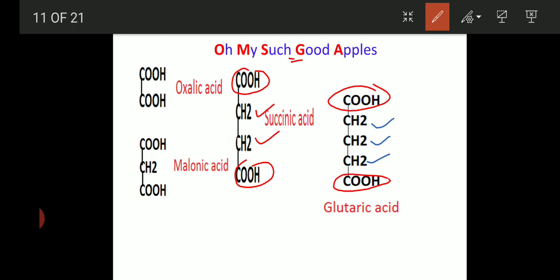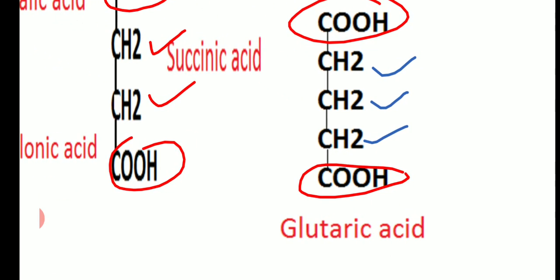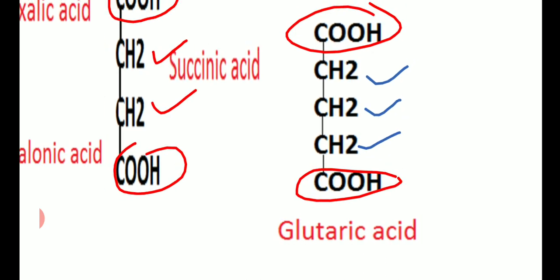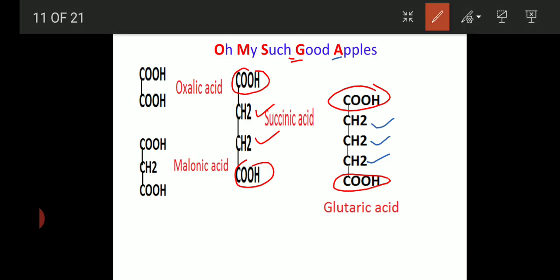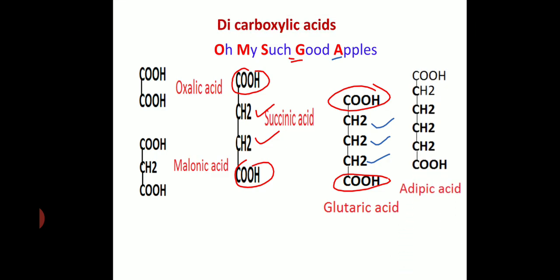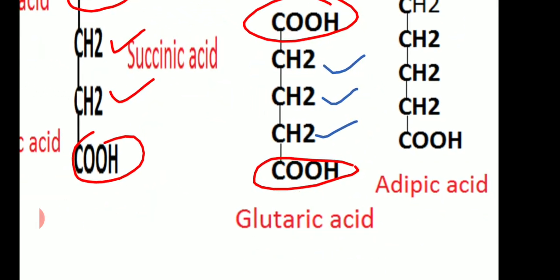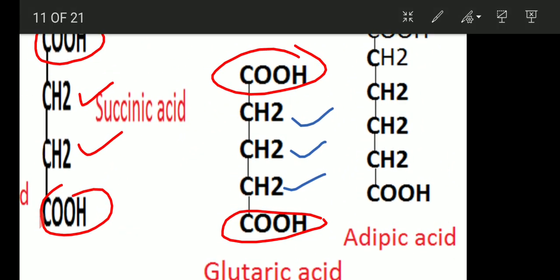That is glutaric acid. And the last one is A, for apples. A stands for adipic acid. In between the two COOH groups, four CH2s are embedded: adipic acid.